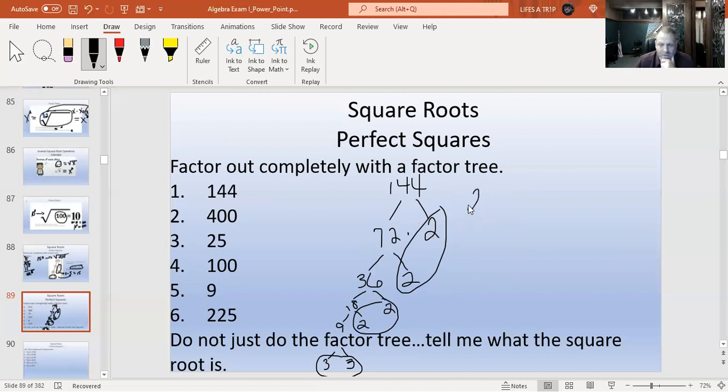So one out of this group of twos, one of the twos out of that group of twos, times it, and one 3 out of that group of threes. So we're going to times these all together, guys. So 2 times 2 is 4, times 3. 4 times 3 is 12. So the perfect square root of 144 is 12.